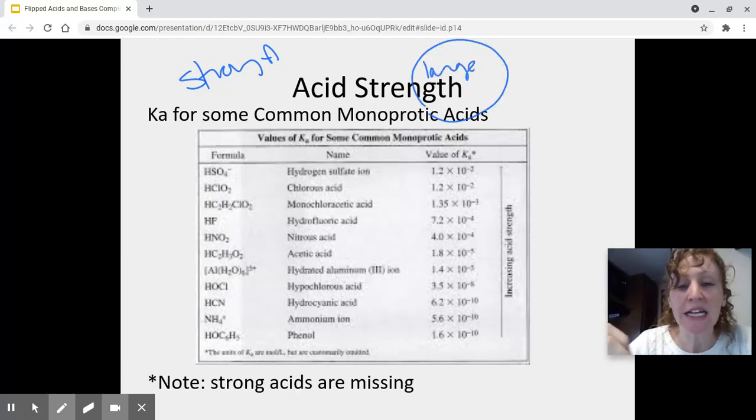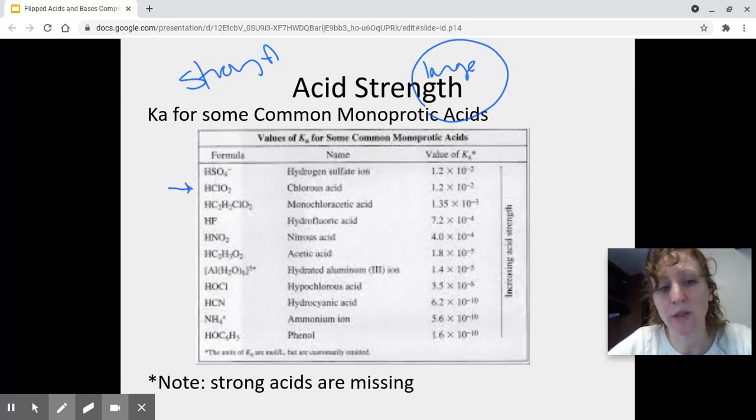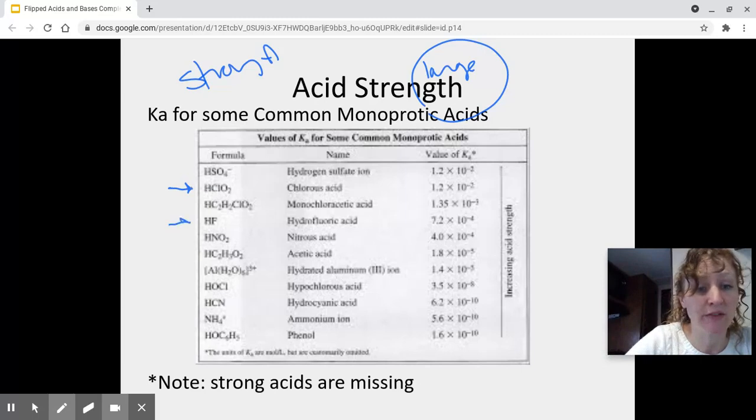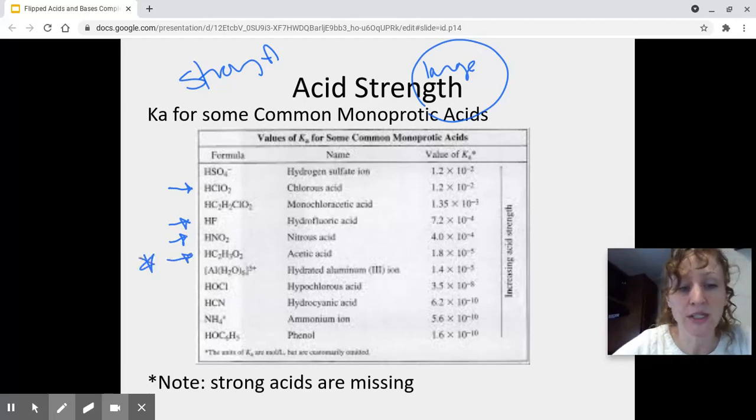So these are common weak acids. Notice you have HClO2, chlorous acid. You have HF, hydrofluoric acid. You have HNO2, nitrous acid. Acetic acid, which is most commonly used, is also on here.